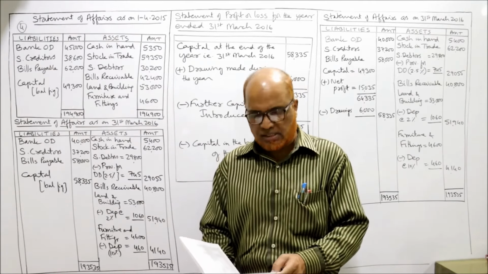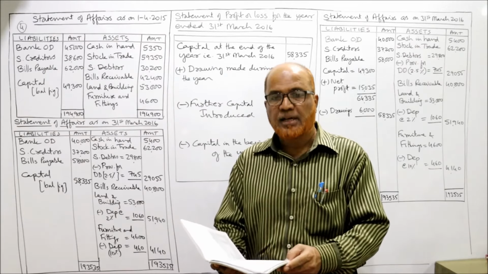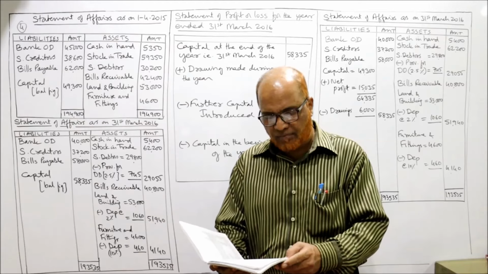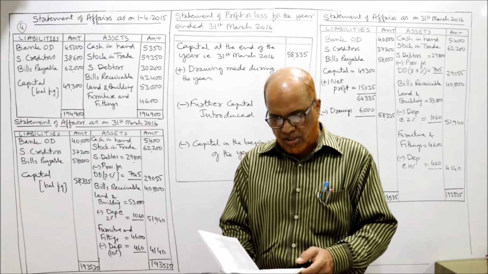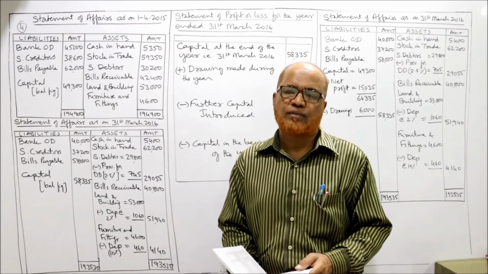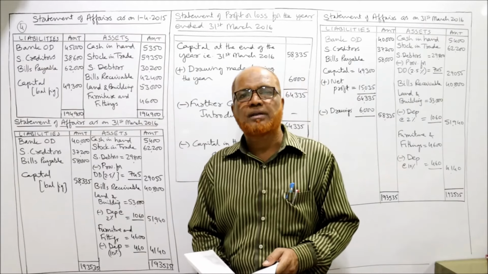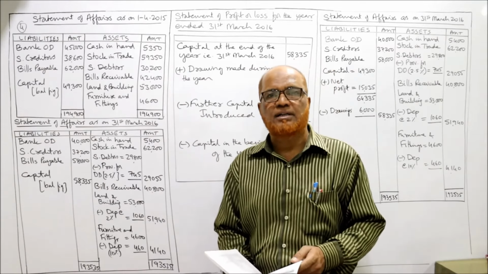Sundry creditor, liability. Sundry debtor, asset. Bills receivable, asset. Land and building, asset. Furniture and fitting, asset. Bills payable, liability. Right? So all the assets and liabilities we are given at the beginning of the year and end of the year. By using this, we can prepare the statement of affairs to find out the capital at the beginning and capital at the end.